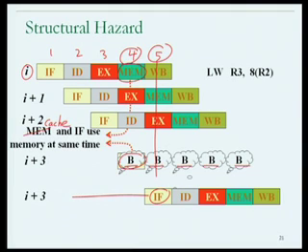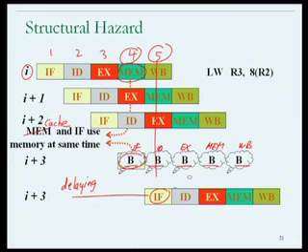The answer is there will be no instruction which needs to be decoded, and therefore there will actually be a bubble of air in the instruction decode hardware in the next cycle. Similarly, there will be a bubble of air in the instruction EX hardware in the next cycle, and so on. So one can actually view the bubble of air as progressing through the pipeline just like an instruction. So the net result was that by delaying instruction I plus 3 by one cycle, we were able to overcome the structural hazard.